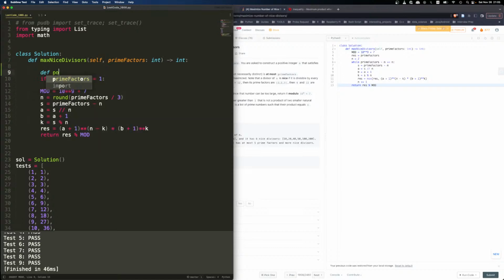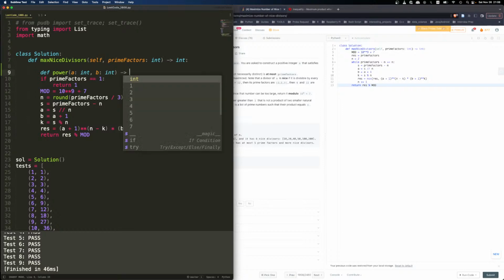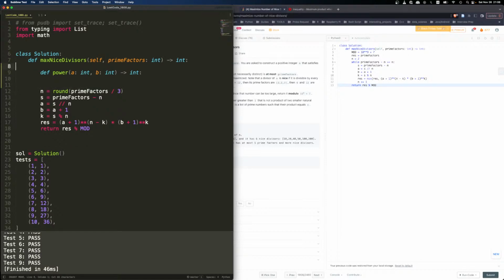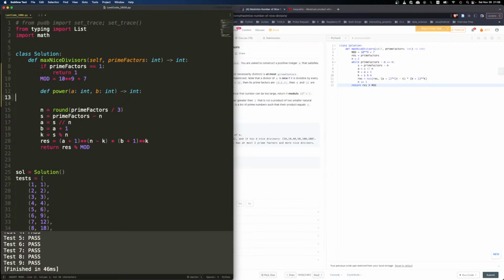Def power. Okay, we say a raised to b, b power. I'm going to put a mod at the top. Actually, no, we're going to do this.